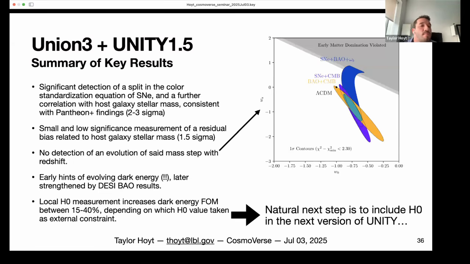So briefly, I'll summarize key results from the most recent Union Unity implementation.